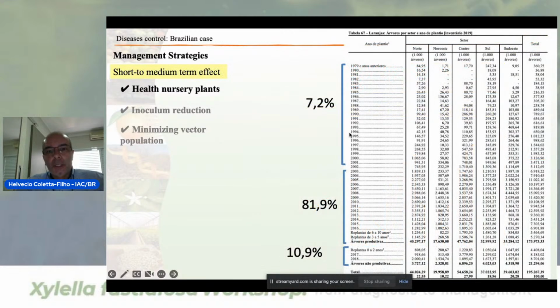Just to emphasize this number, here you show the number of plants in the orchards in São Paulo State.